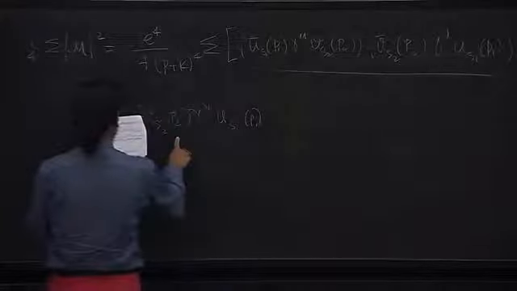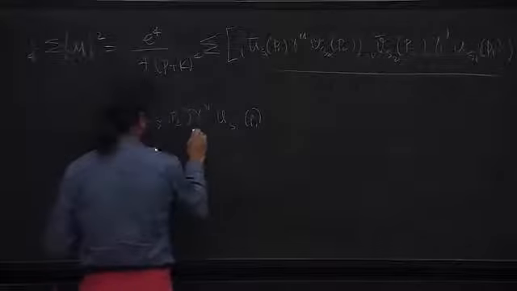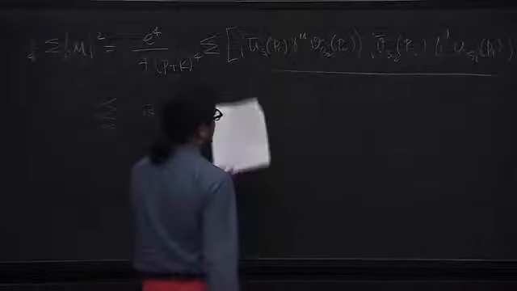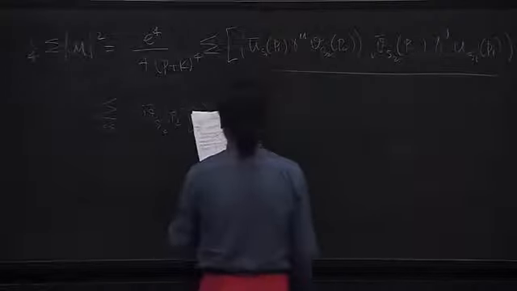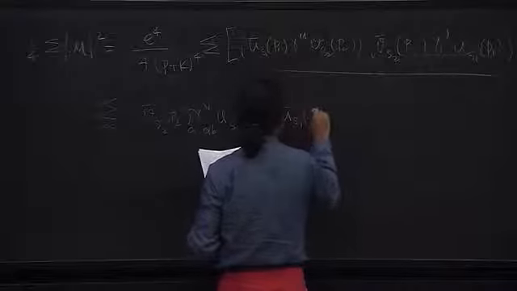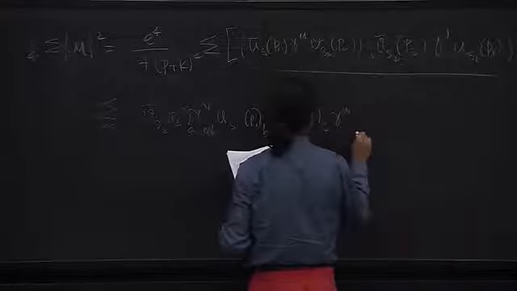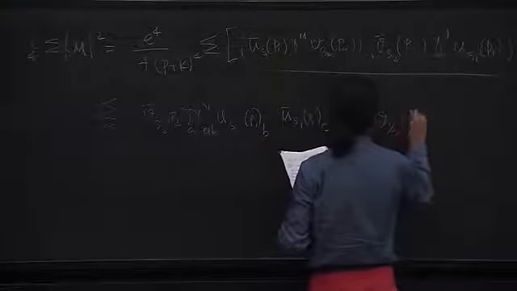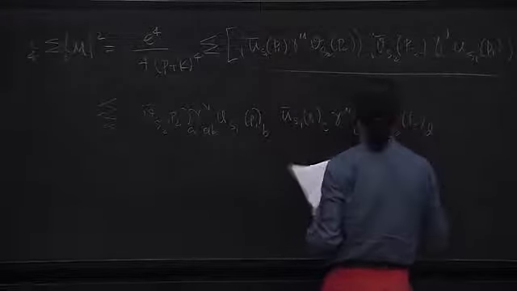So this guy has some indices A, AB, and this is B. And what about this guy? This guy has some U bar S1, P1, C, gamma mu, CD, V bar S2, P2, D.